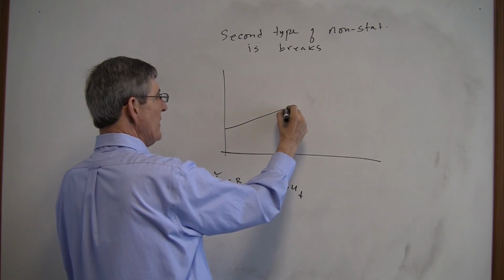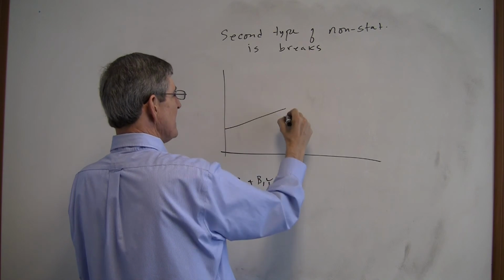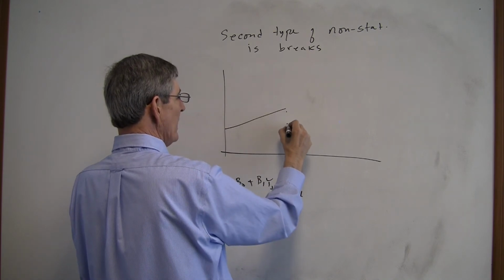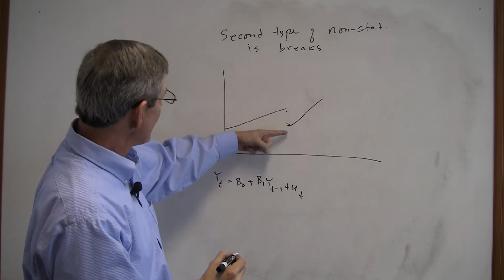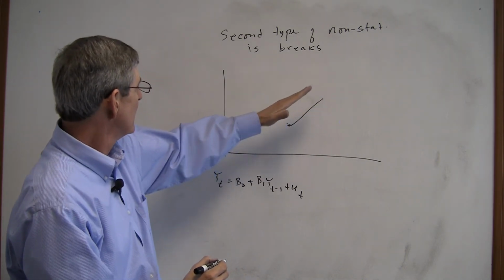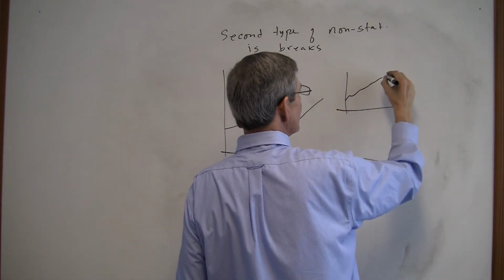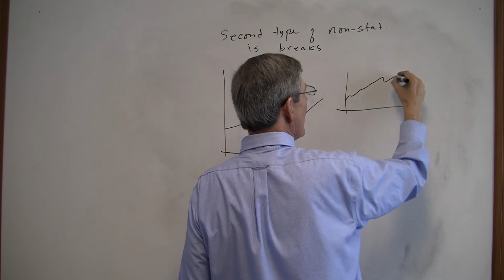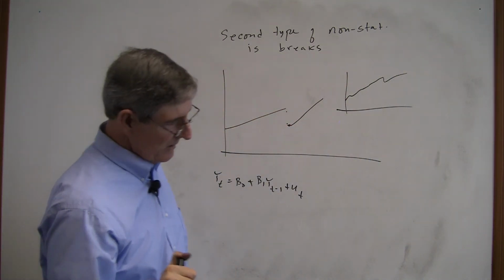Suddenly, both the slope and the intercept, or just one or the other, might change. So you might suddenly have some jump in the data at this point, and maybe even the slope changes. And so you've got some kind of break in not only the intercept, but also in the slope. If you look at US GDP over time, as I was saying earlier, in 2007 you get this drop. It looks like there's some kind of break in the data.